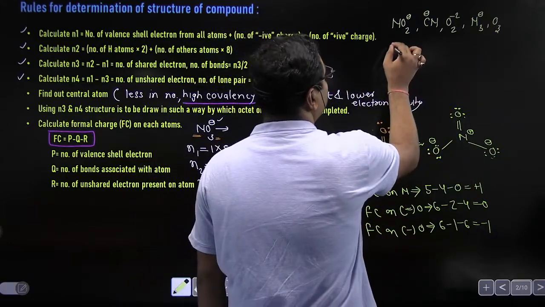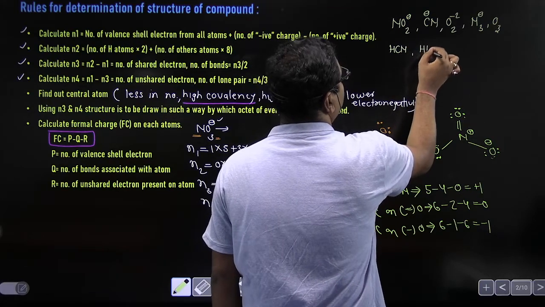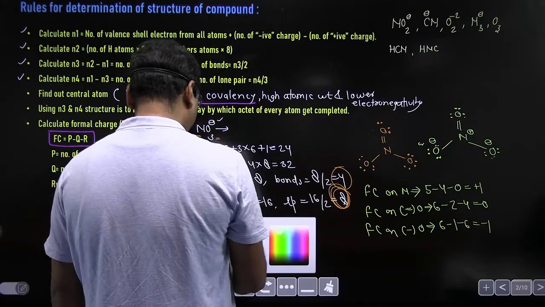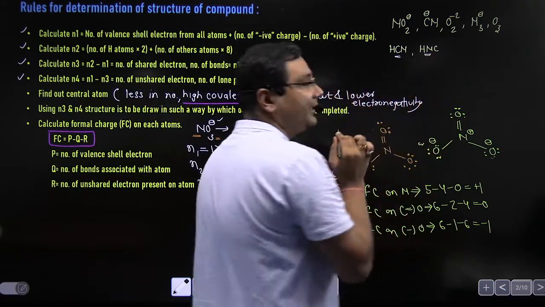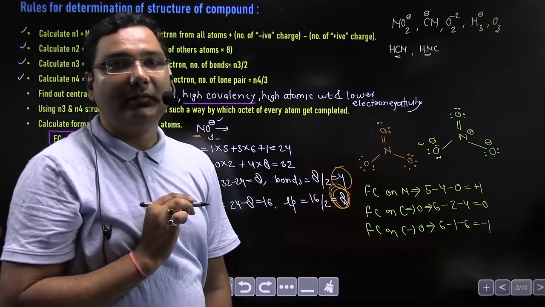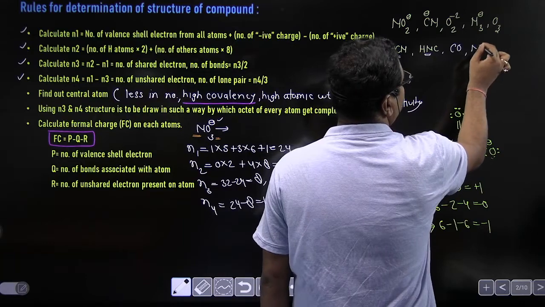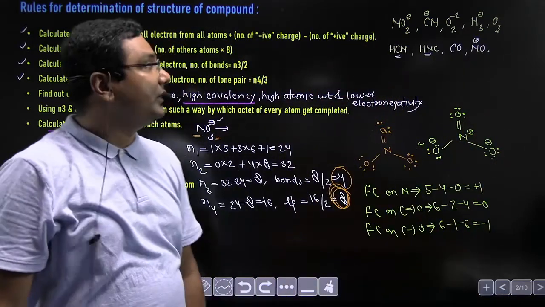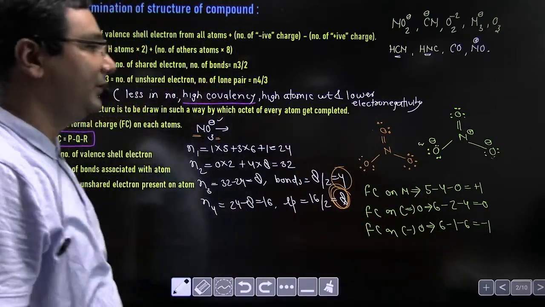You have to find the structure of HCN and HNC. In the case of HCN, the central atom will be carbon, while in the case of HNC, the central atom will be nitrogen. You have to find the structure of CO, carbon monoxide, and NO plus. So it's your homework. You have to draw the structure of these molecules with the help of this rule.